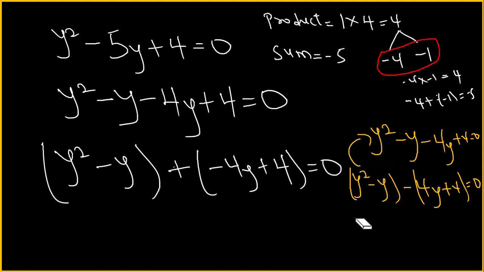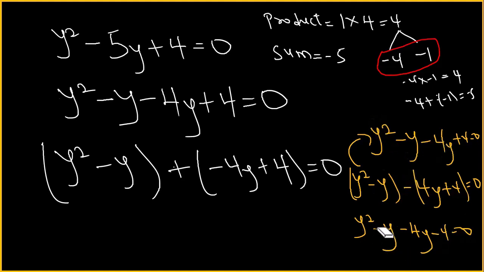We have y squared minus y, minus by 4y, negative 4y. We have minus by positive 4 giving us negative 4 is equal to 0. And this is not the same thing as this.